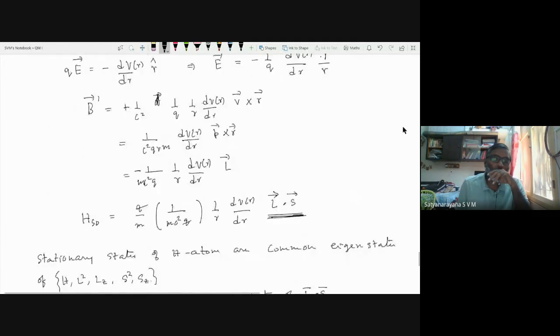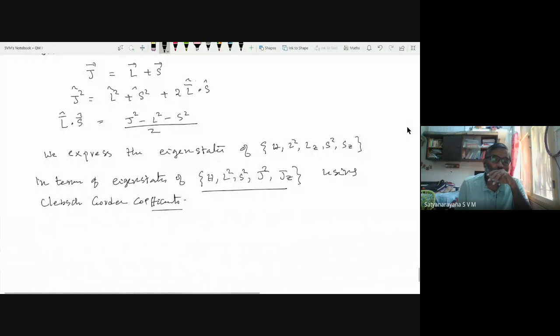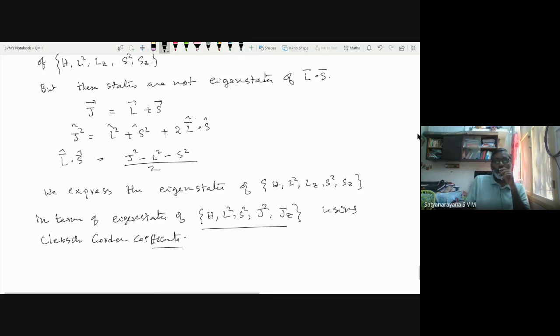But this is one aspect. In fact, these two terms together, plus there is another term called the Darwin term, are called relativistic corrections, and they give rise to what is called fine structure, because in spectroscopy the fine structure is associated with this relativistic correction.